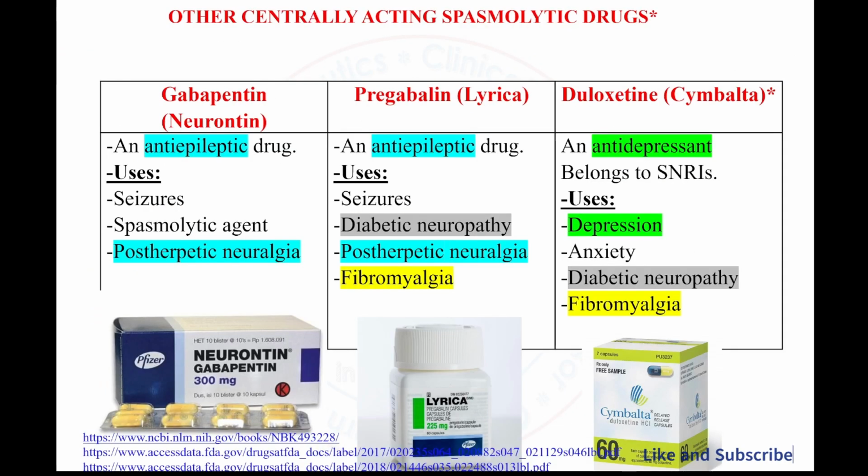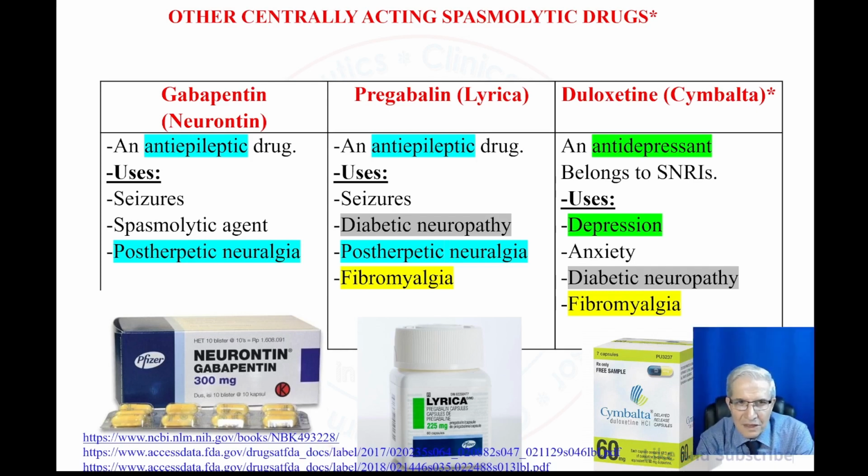Okay, this is the last slide regarding the skeletal muscle relaxants. We have central acting spasmolytic drugs here. This last slide represents three medications not belonging directly to the skeletal muscle relaxants, but they were found later on to be used for treatment of skeletal spasm, or for spasticity.